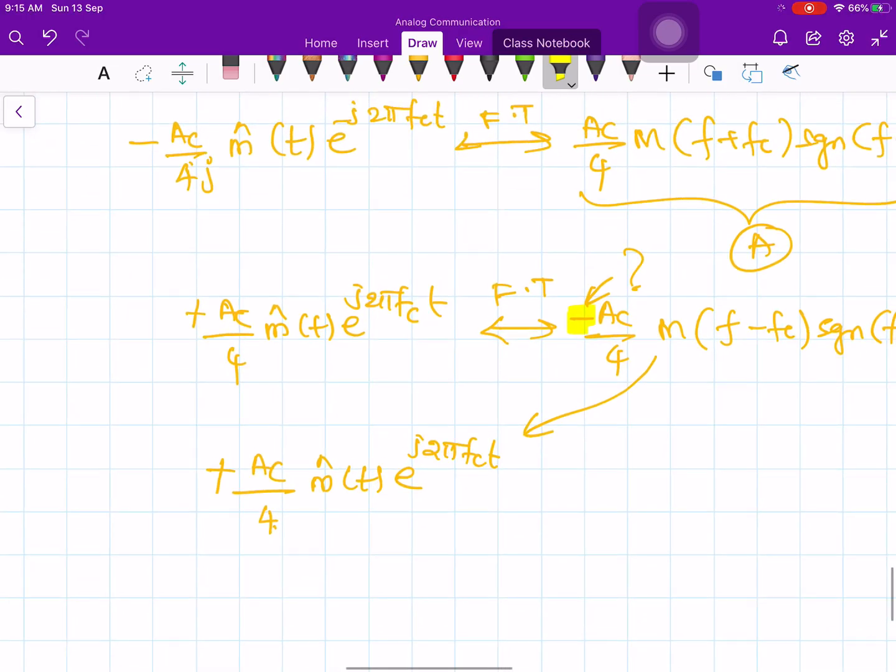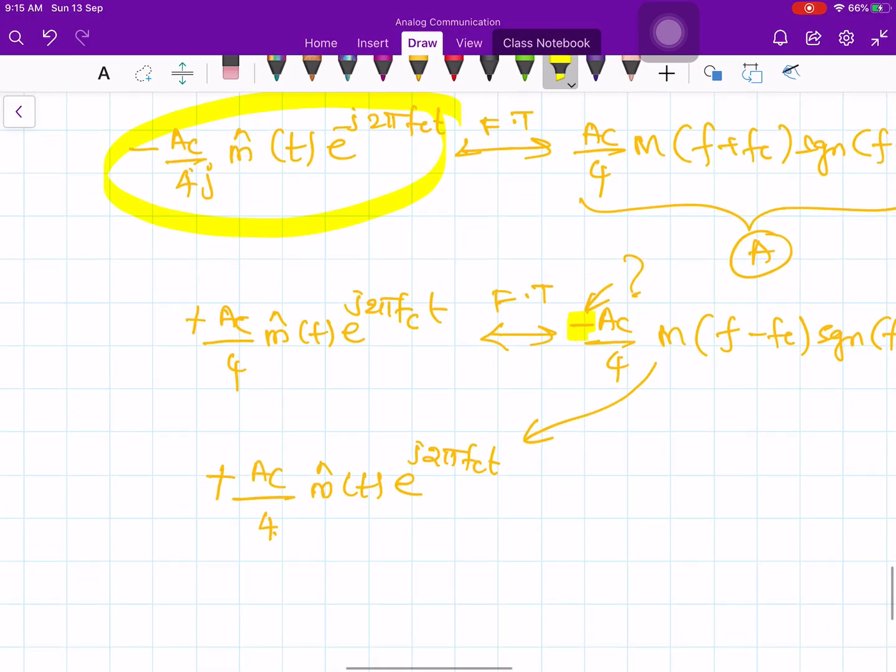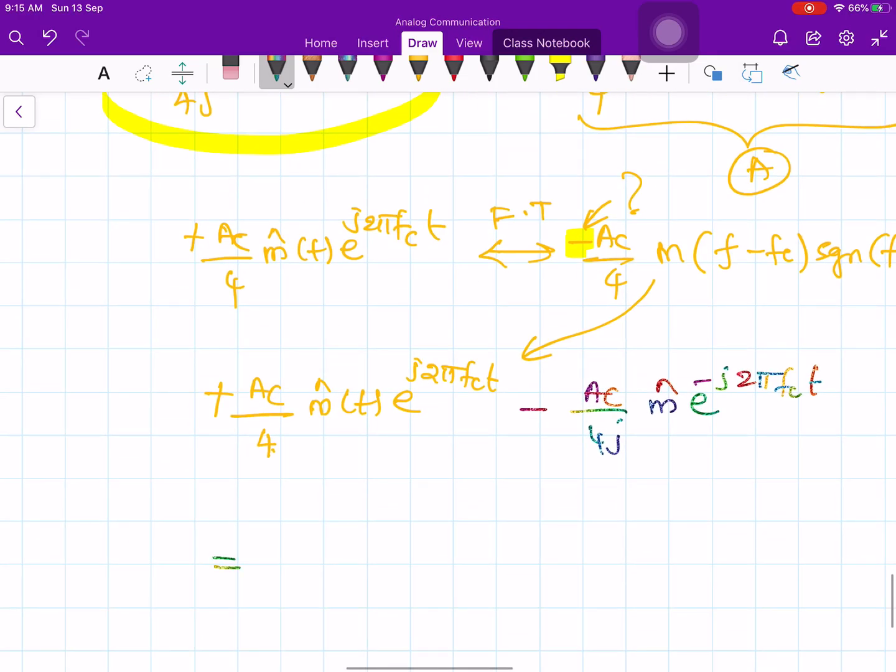And then this becomes minus A c by 4j, then m cap of t e to the minus j 2 pi fct. Rearrange these guys: A c by 2, m cap of t is also constant, you can pull it out.